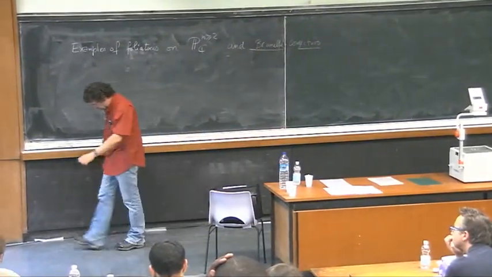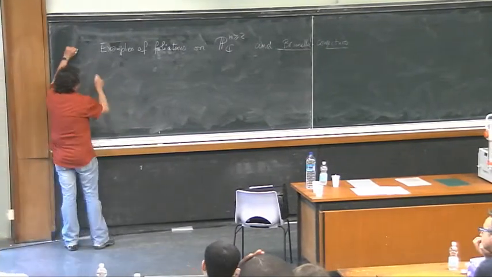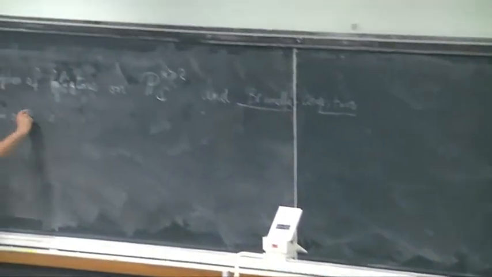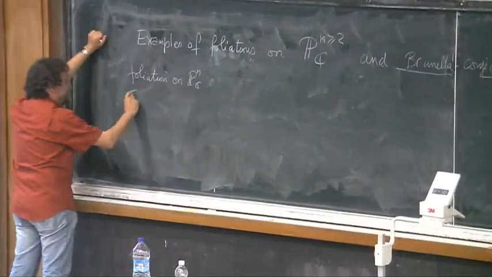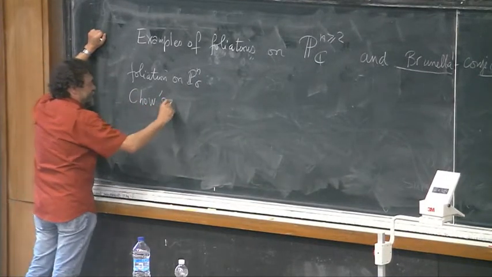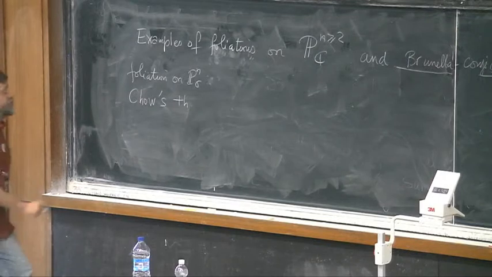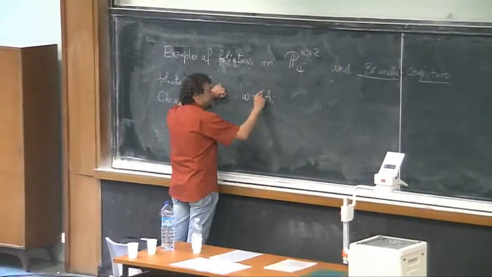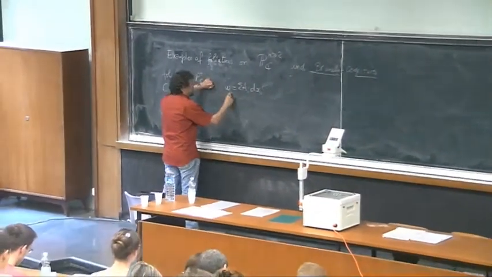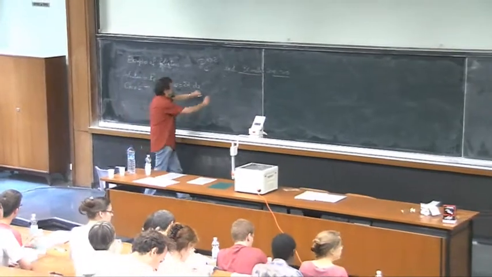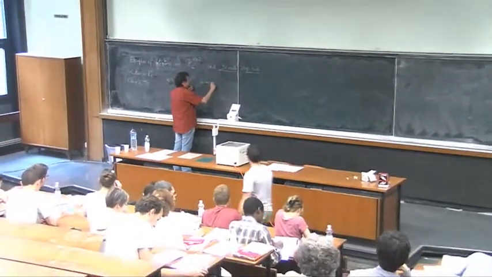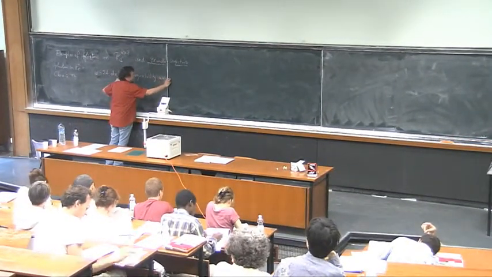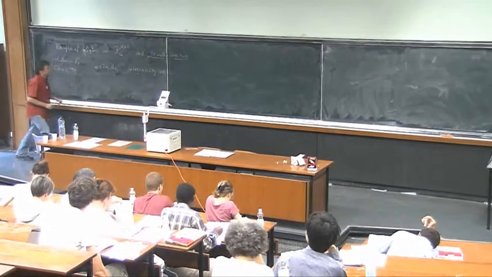So at first, an example. Recall that foliations on Pn and its Chow theorem are given by a certain form which are homogeneous, with integrability condition, with Euler condition.